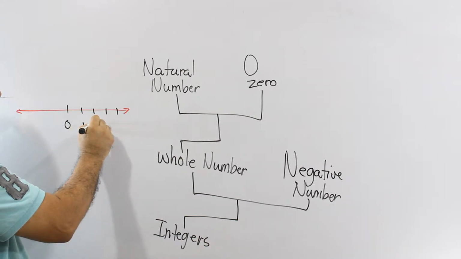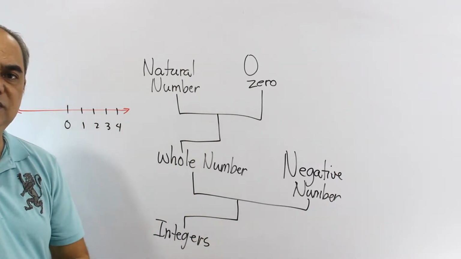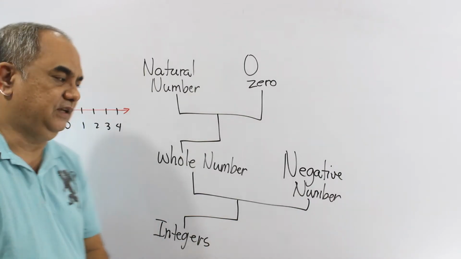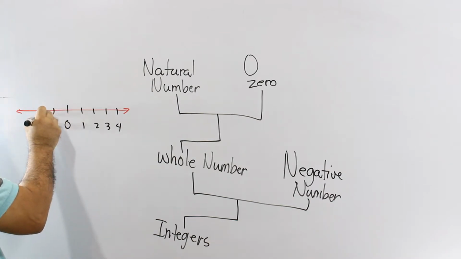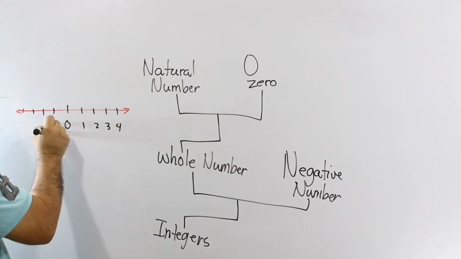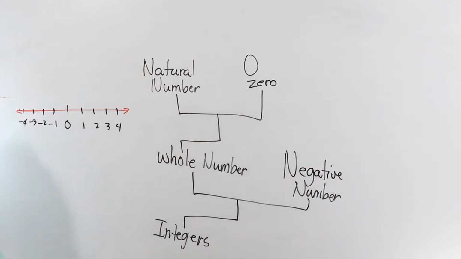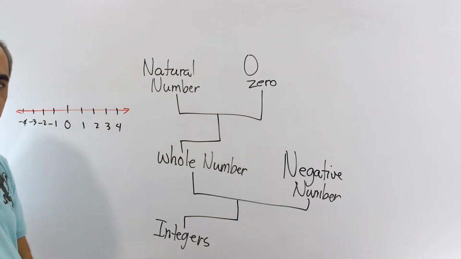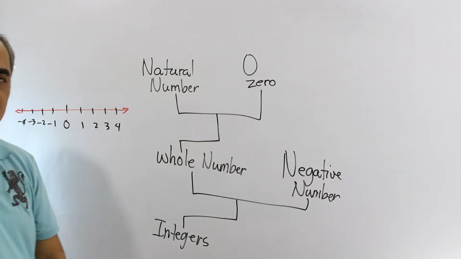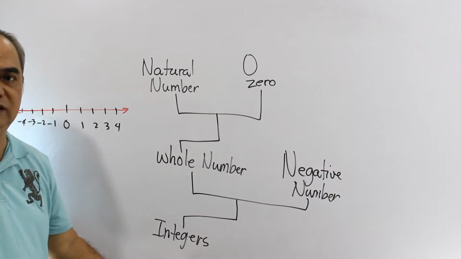So let's say 1, 2, 3, 4. The arrowhead here simply denotes that the numbers go on infinitely. On the other side, we have the negative numbers, negative 1, negative 2, negative 3, negative 4, and so on and so forth. As you can see, both ends of this number line have arrowheads. So these numbers in the number line are what we call the integers.